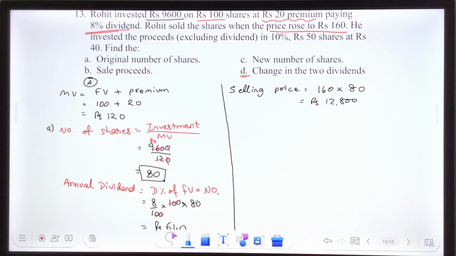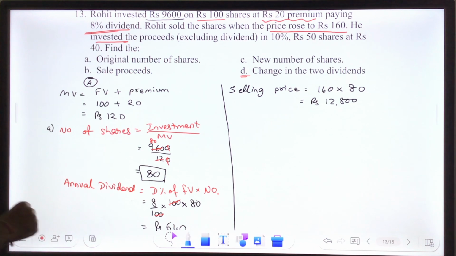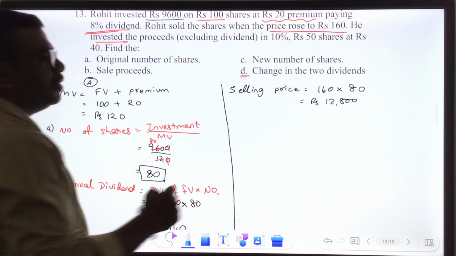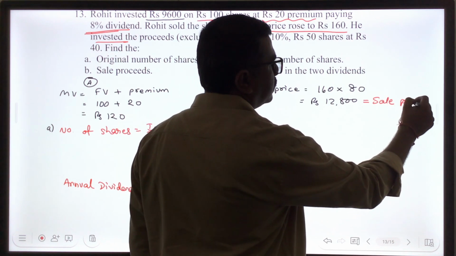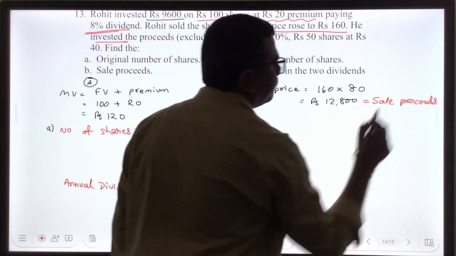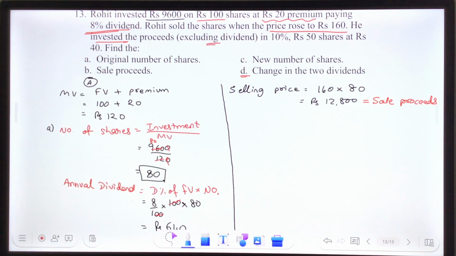So this selling price of shares of company A is invested in another company. So we call this term selling price as sell proceeds. The question says it is excluding dividend, so we are not adding rupees 640.